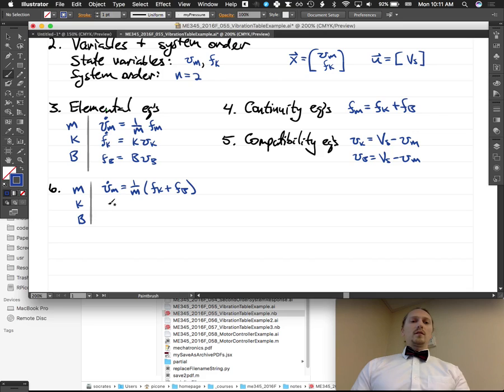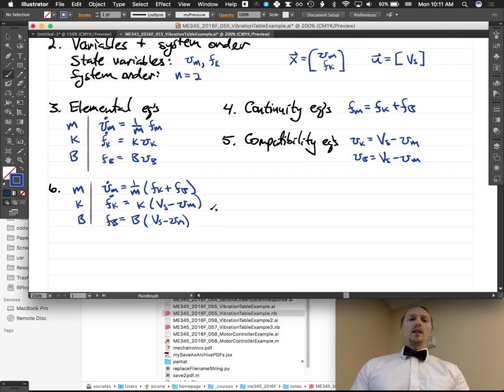And the Fk dot equation, Fk dot equals K Vk, which we know is just Vs minus Vm, and Fb is equal to B times Vs minus Vm, right?